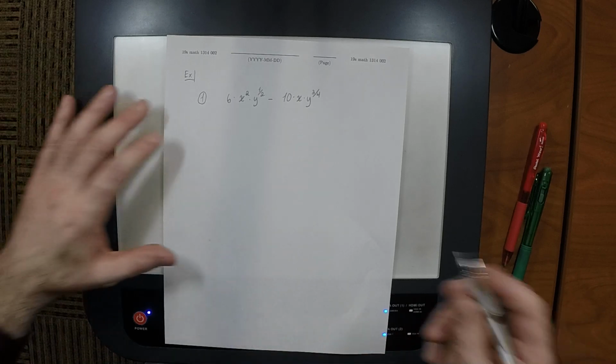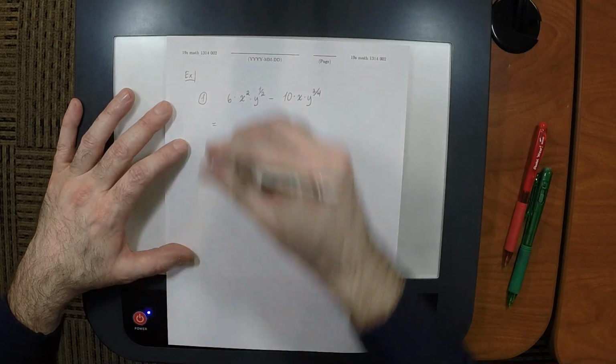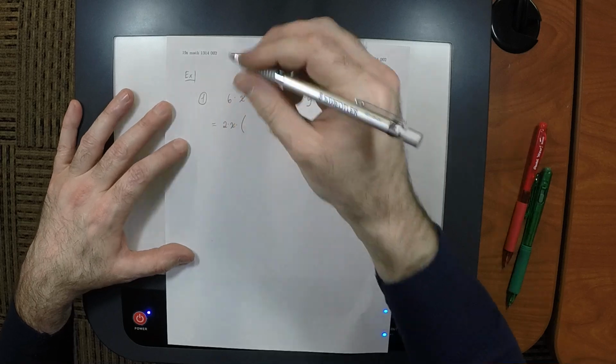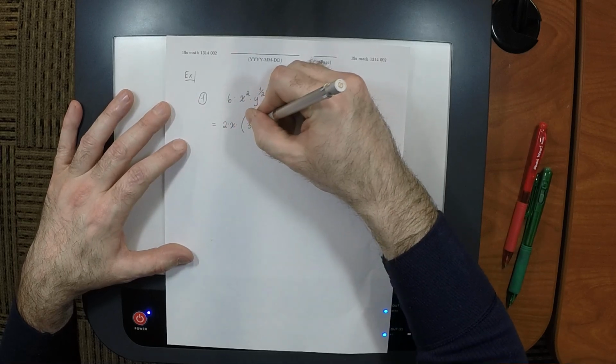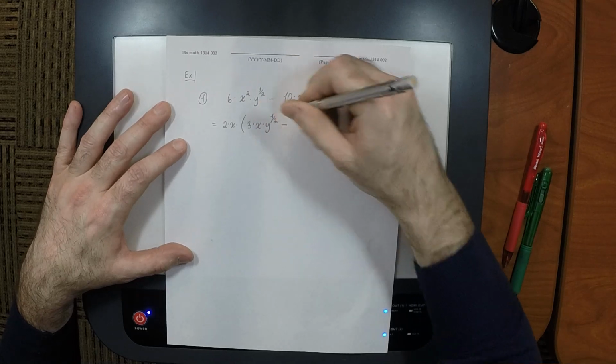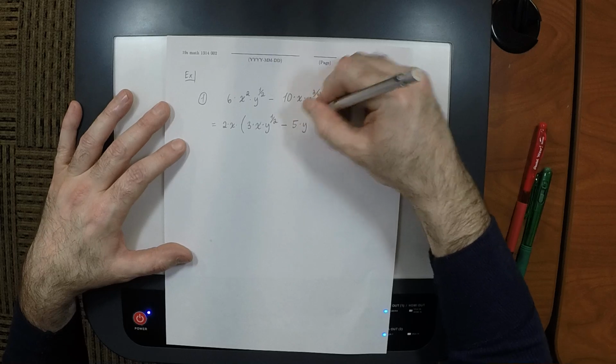Okay, so the easy bit is the integer bit and the x bit. So I'm just going to do that now and say that 2x could come out, and then we'd have 3x y to half. And then subtract 5, no x's because that went, and then y to 3/4.